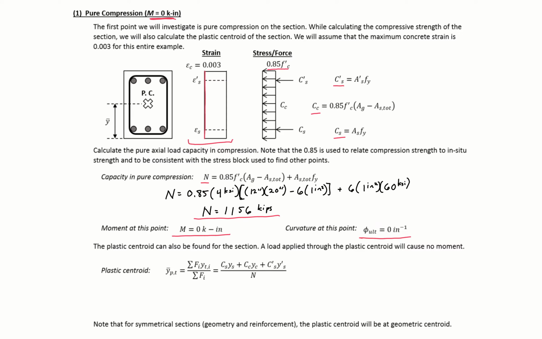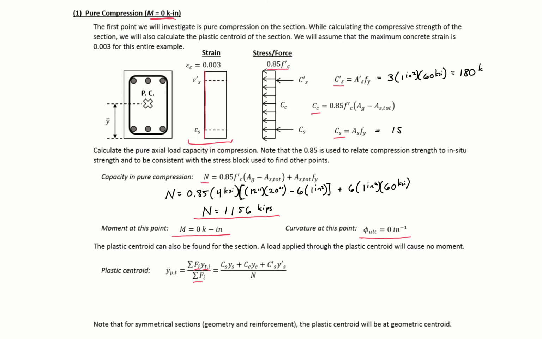And to do this, we sum our forces times the distance from the top to the center of the force, and then divide by the summation of all of our forces. So for that, we would need to find our individual force components. So 3 number 9 bars times 60 ksi would give us 180 kips. Our top and bottom steel are equal.